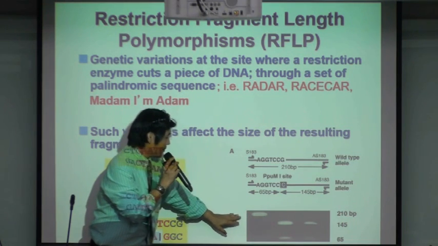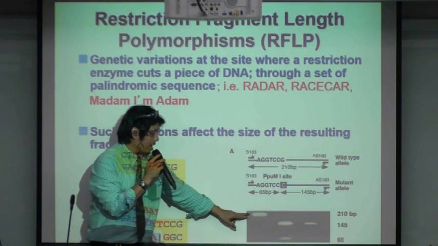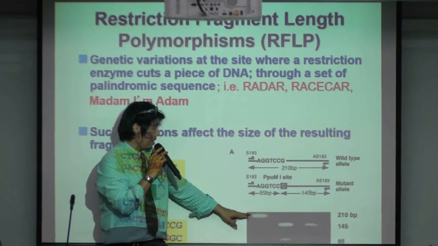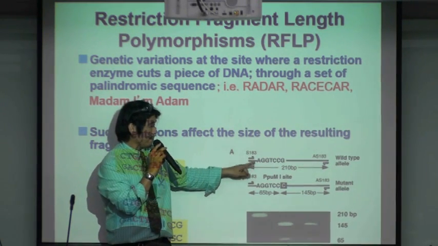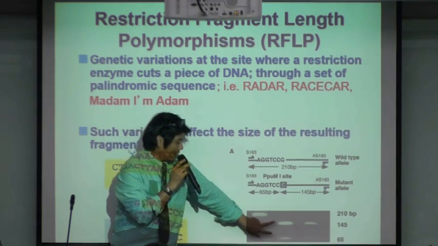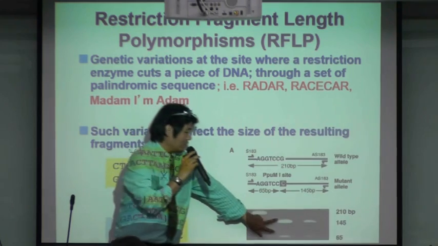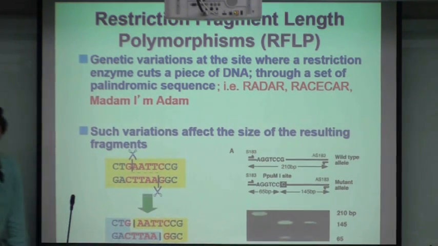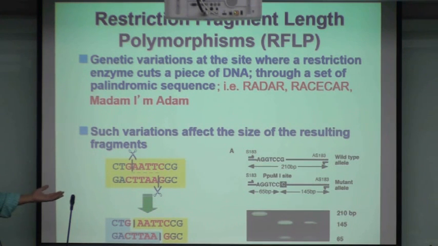You can see that with the wild type, you will have only the uncut product here at 210. When you have a mixture of wild type and mutant, you will see two bands, right? When you see two bands like this, if the mutation is a germline mutation, the germline mutation means that in every cell of the body there is the mutation, right?